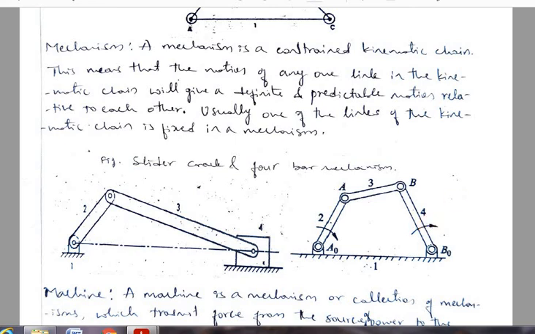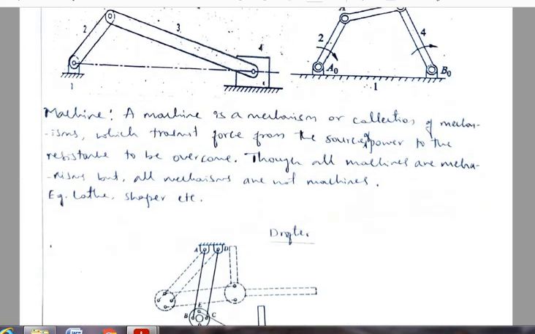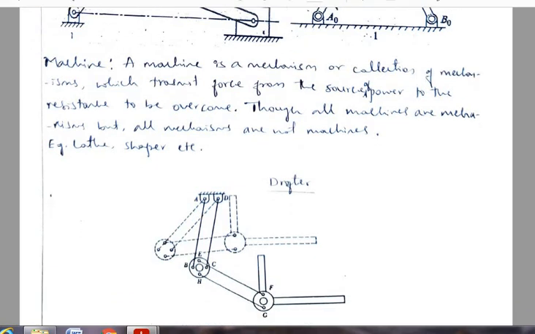So next we have a machine. We have already discussed yesterday what a machine is. A machine is a mechanism or collection of mechanisms which transmit force from the source of power to the resistance to be overcome. Machines are mechanisms, but mechanisms are not machines.